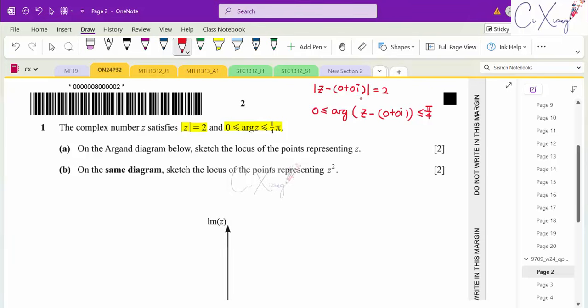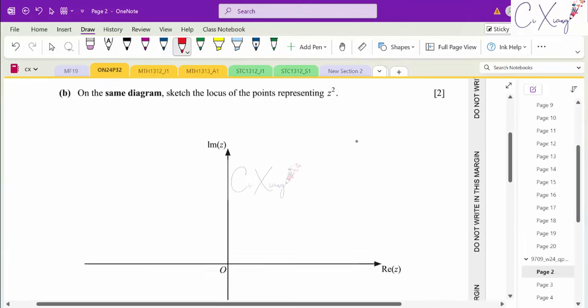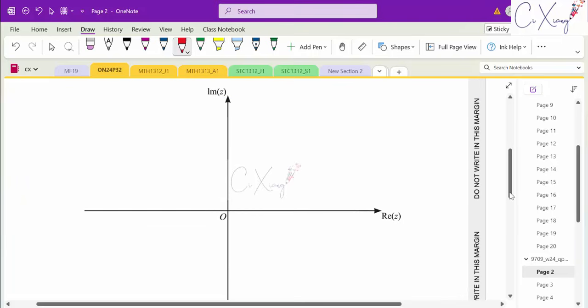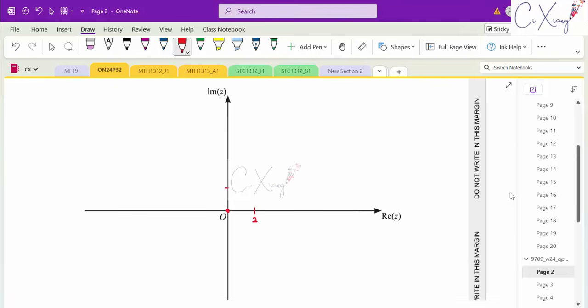All right. So let us start with this one first. Okay, so we already know that the center is 0, 0. So we can maybe label this as 2, this one as maybe 2, then negative 2, and also negative 2 here.